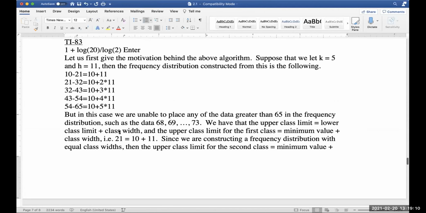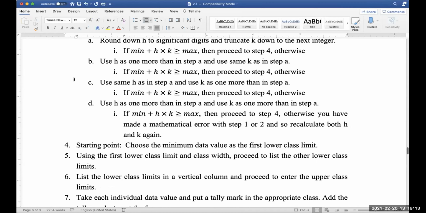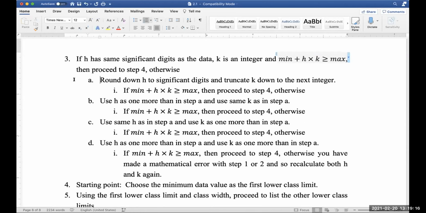So remember, my viewpoint was that I should minimize the number of classes. So first, I will truncate k. I will then use that truncated k and see if it works when I truncate h, or when I round up.